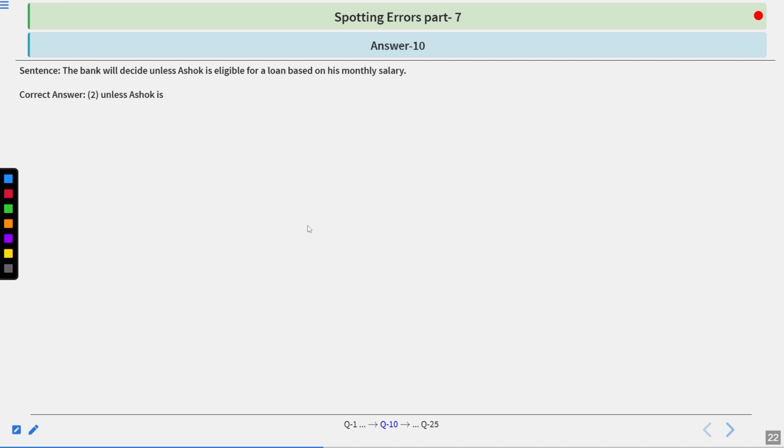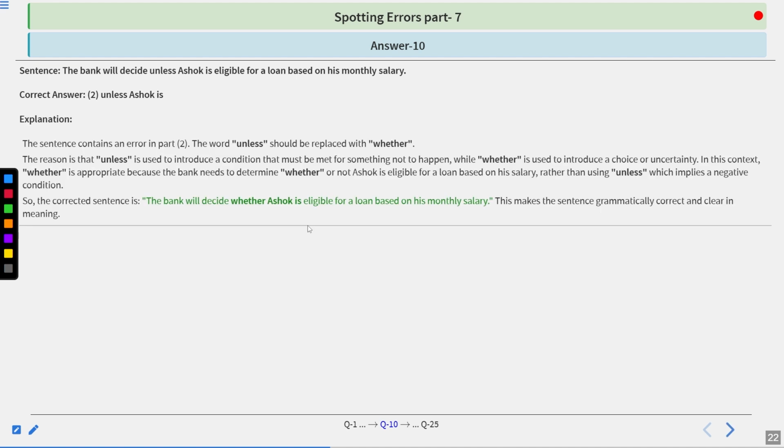The correct answer is 2, "unless Ashok is". The correct explanation is the sentence contains an error in part 2. The word "unless" should be replaced with "whether". The reason is that "unless" is used to introduce a condition that must be met for something not to happen, while "whether" is used to introduce a choice or uncertainty.